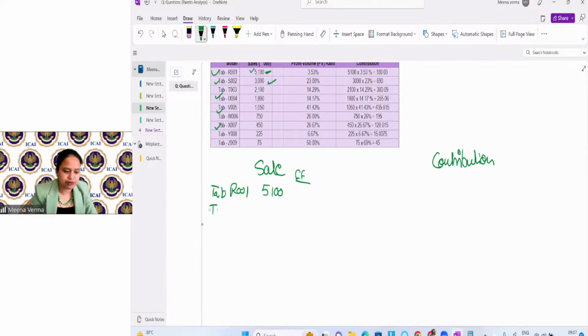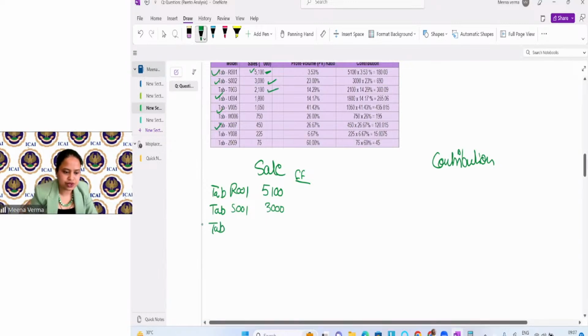So tab S001 will give you the second highest sale. Then tab T003 will give the sale of third number, right?